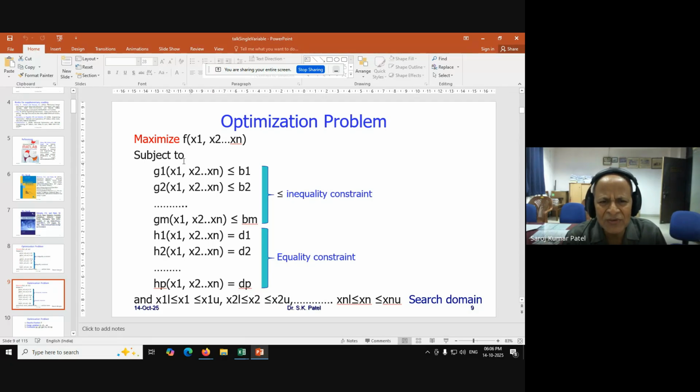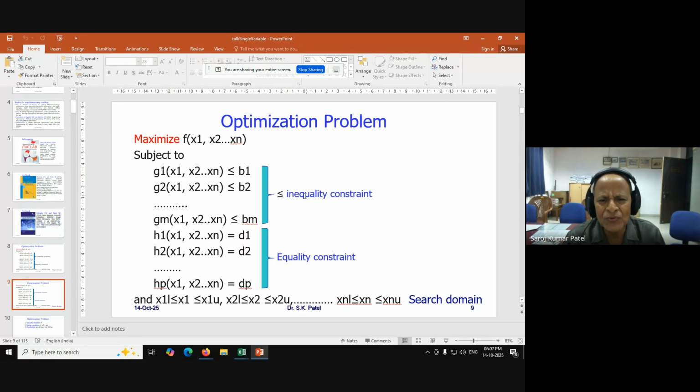The left hand side of this inequality would be consumption of resources, and this b1 will be the maximum availability of the resources. Because resources are finite, within the available resources, how much we can consume, and this consumption cannot exceed the maximum availability. That's why the appropriate inequality would be less than or equal to. This is for resource 1.